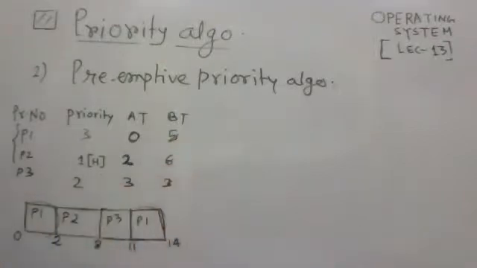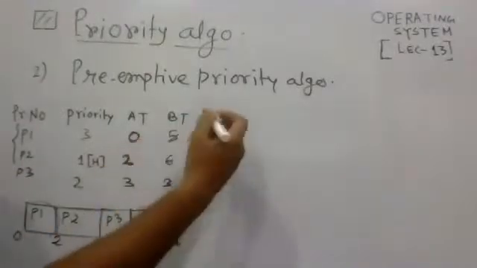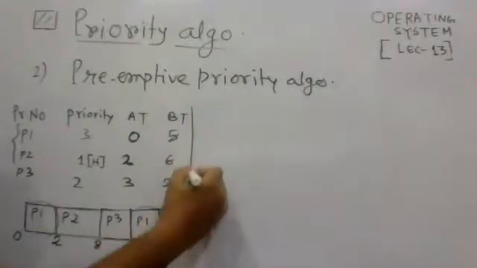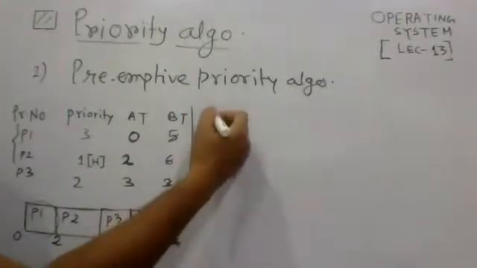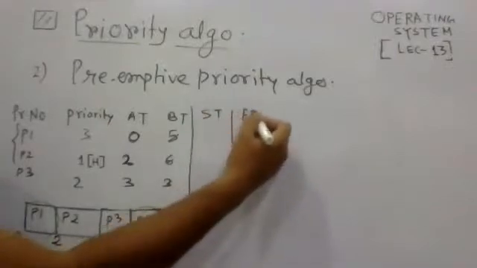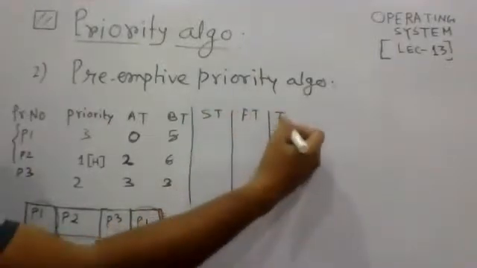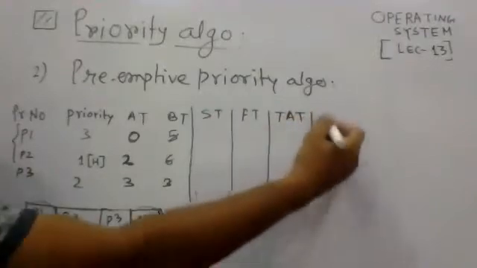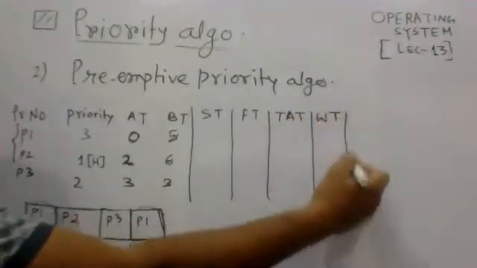Using this chart we can calculate the starting time, finish time, turnaround time, waiting time and response time. So we can calculate here starting time, here finished time, here turnaround time, here waiting time and here response time.